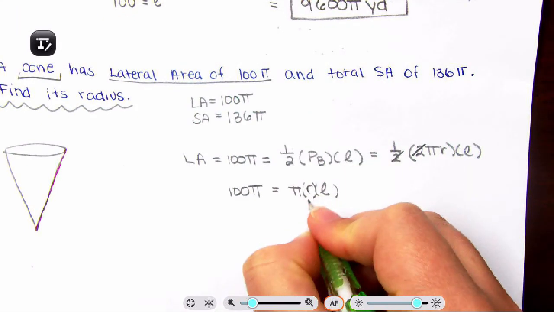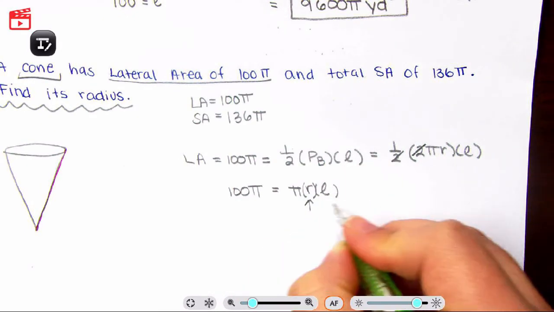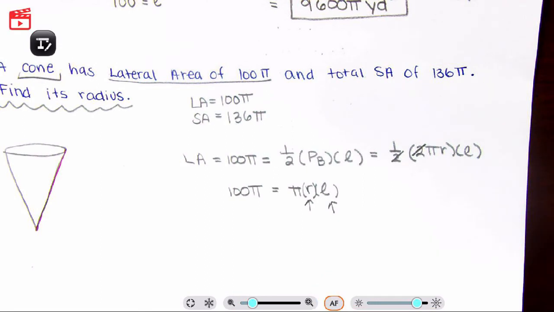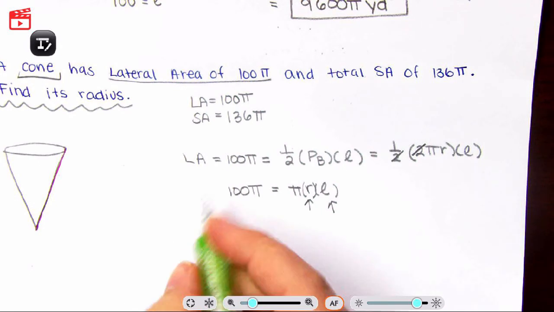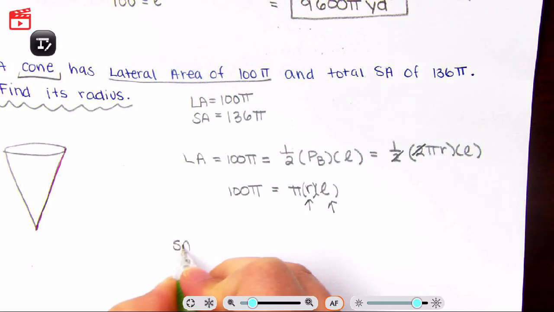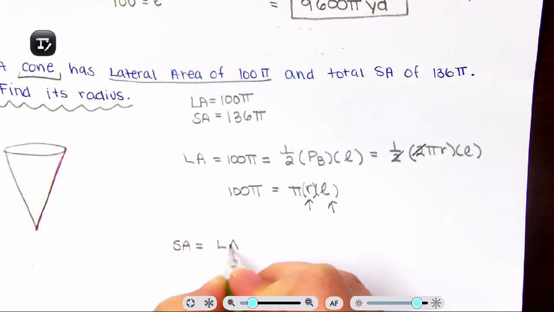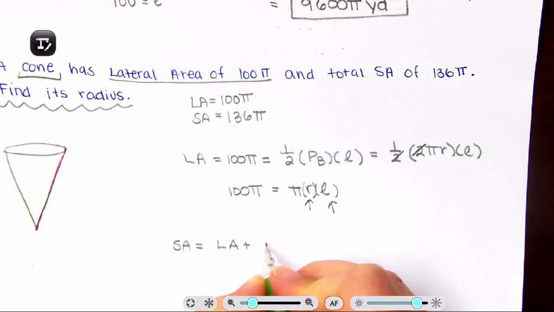Here's our unknown. However, we also have this slant height that we don't know, right? Because they only gave us the lateral area and the surface area. So let's try again. Surface area is equal to the lateral area plus the area of the base, which is pi r squared.